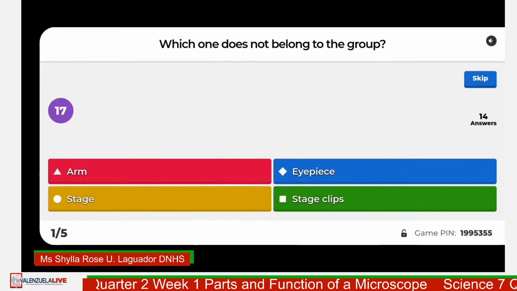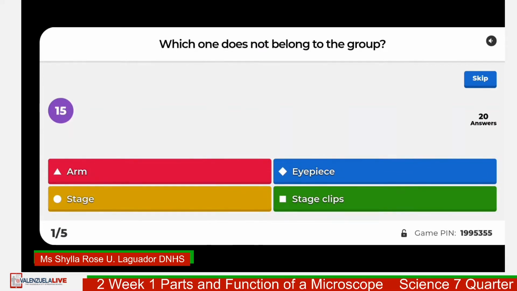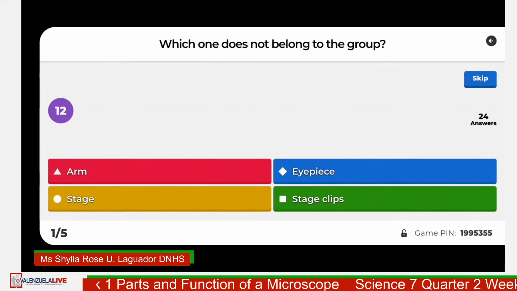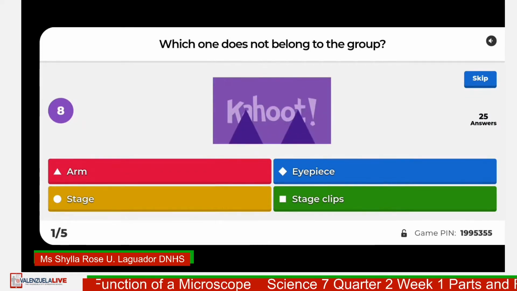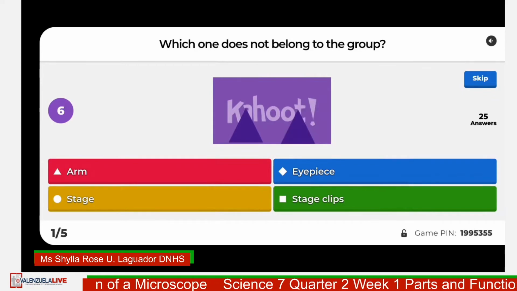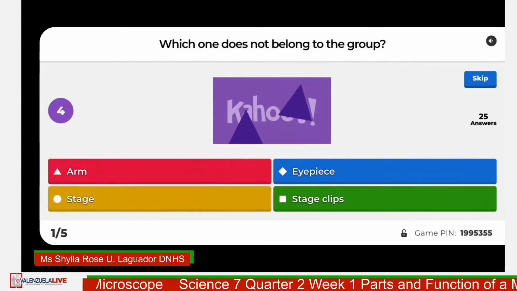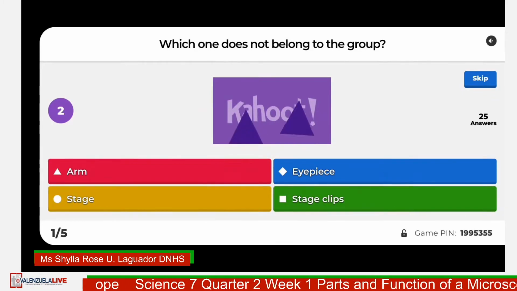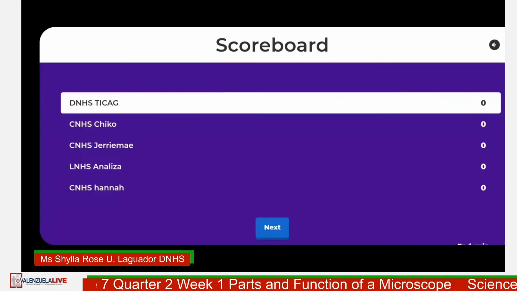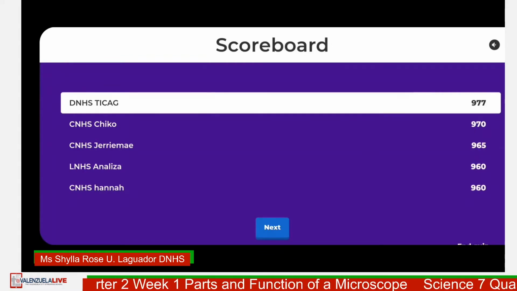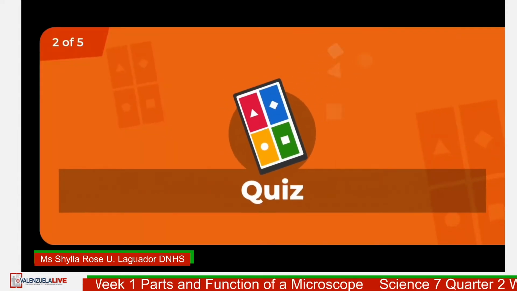Red for arm, yellow for stage, blue for eyepiece, and green for stage clips. The correct answer is eyepiece because it is the only magnifying part. The rest are mechanical parts.